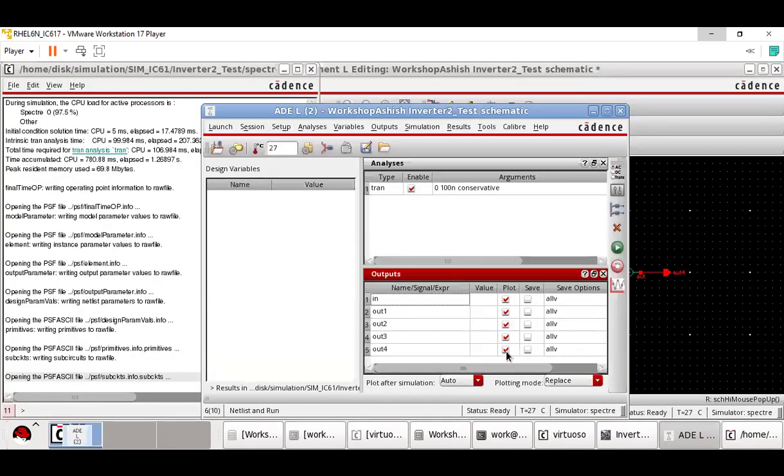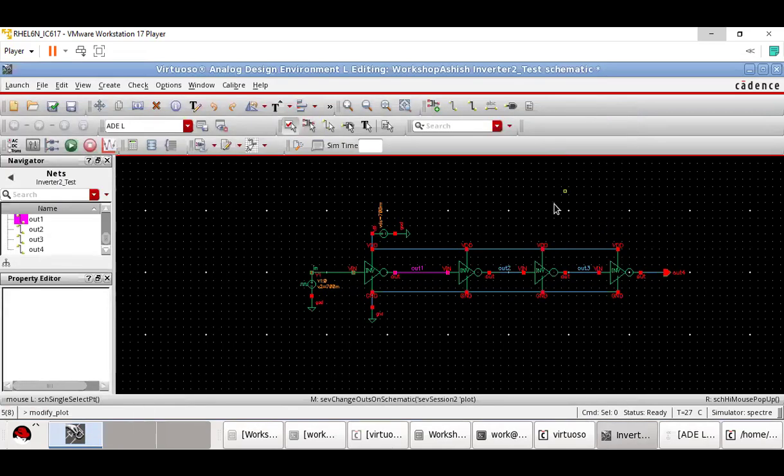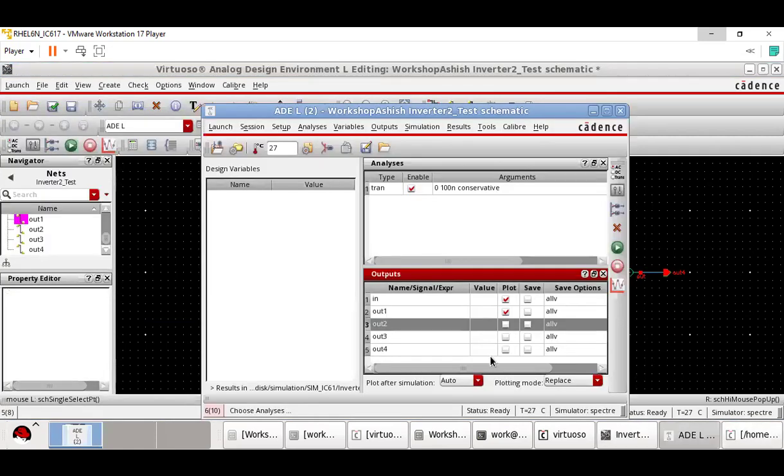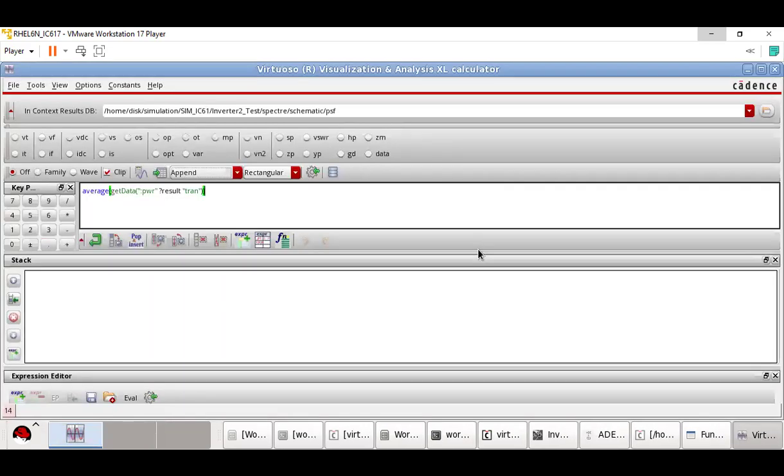I will take the example of only one output for the first delay. The delay between input and the first output. You go to tools, use calculator, right?